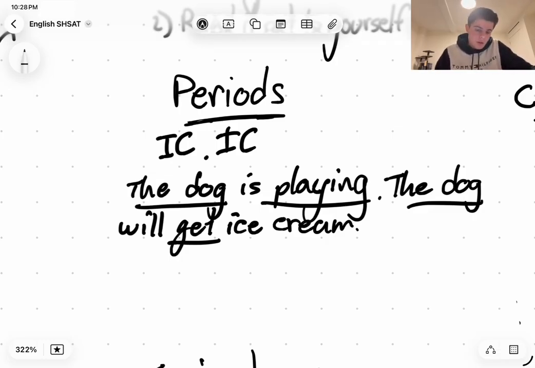The dog will get ice cream. So the dog is playing can stand on its own, and the dog will get ice cream can stand on its own. So in order to join those two together, we can just use a period. Those are what periods are used for. And that's the simplest way to join two independent clauses together. The only thing is they both need to be independent. You cannot join an independent clause and a dependent clause with a period. In that case, you need other things.